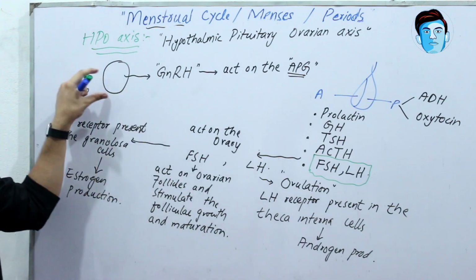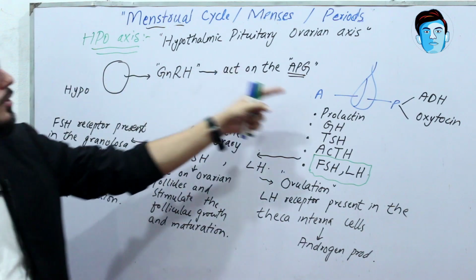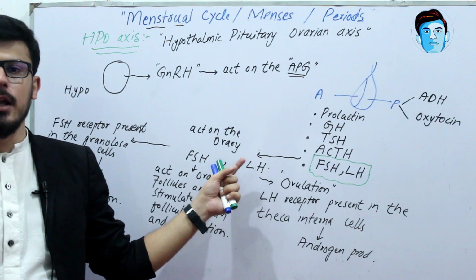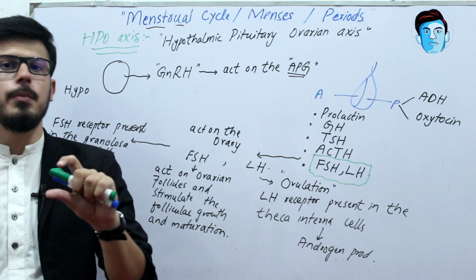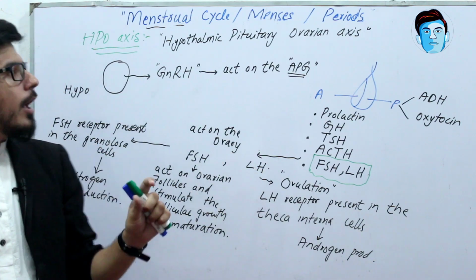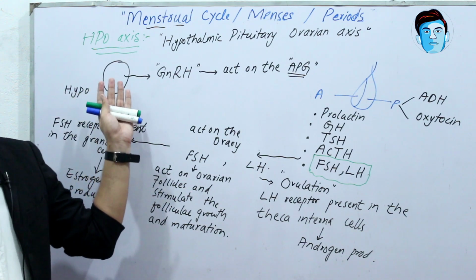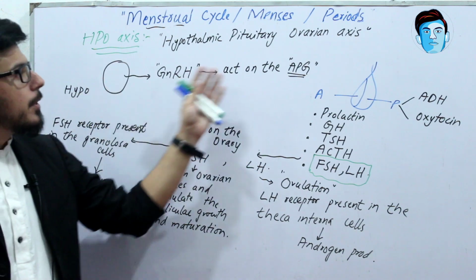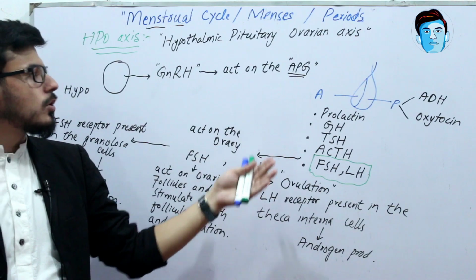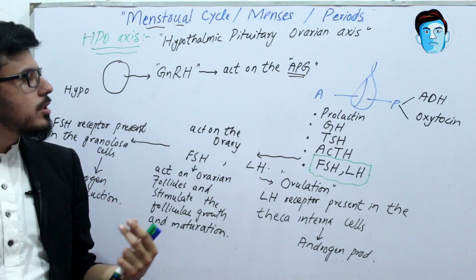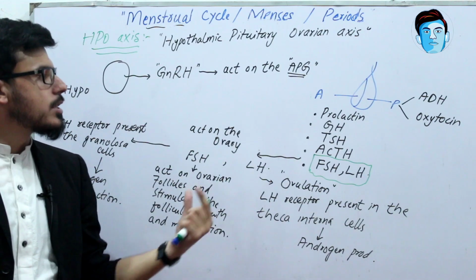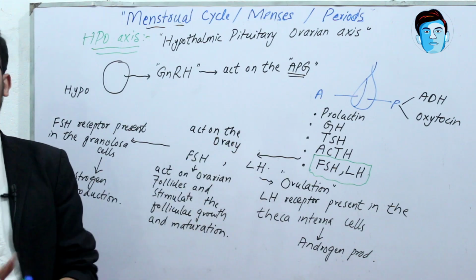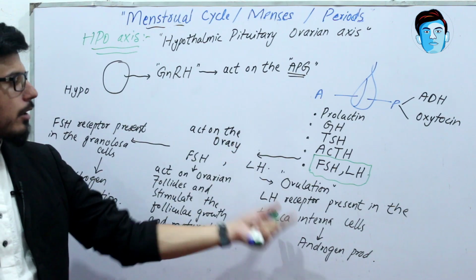Say if the hypothalamus is working properly, but the pituitary gland or ovary is not working physiologically, then there will be an irregular menstrual cycle. Or if the hypothalamus is working normally but the pituitary gland is not working properly, there will be a deficiency or low level of FSH and LH, and ultimately the later stages will not work properly.